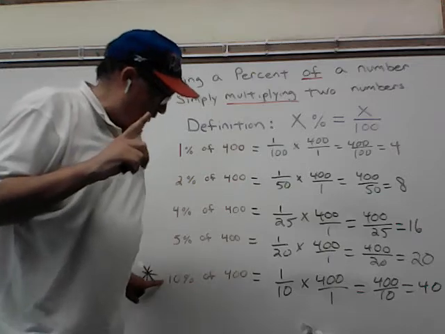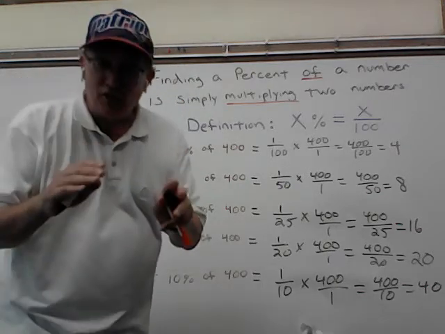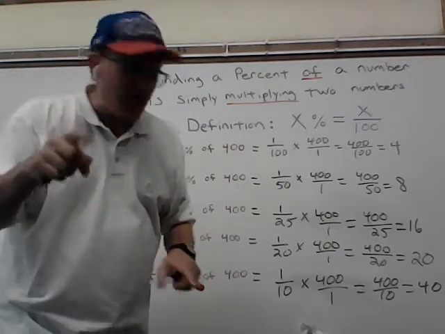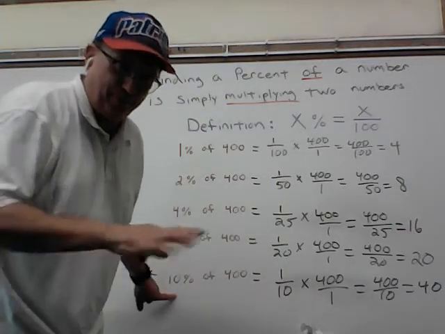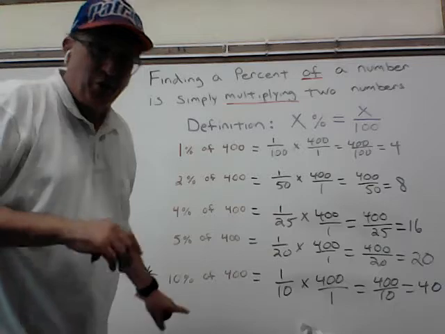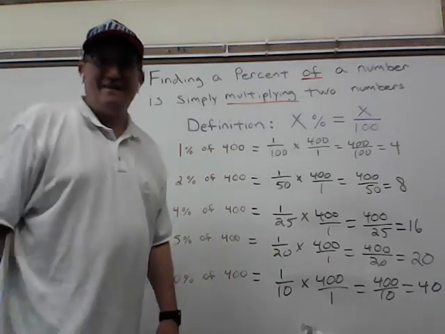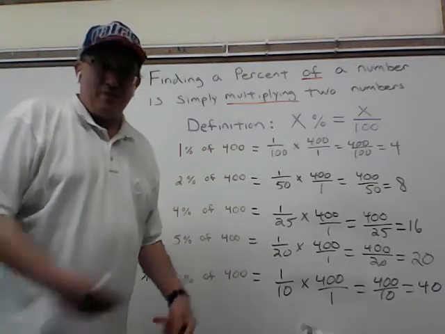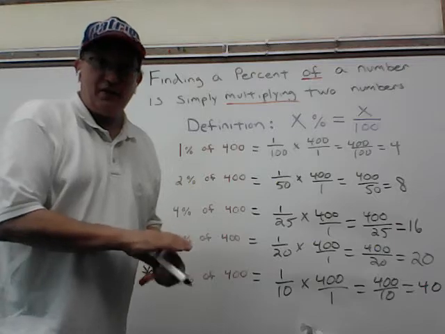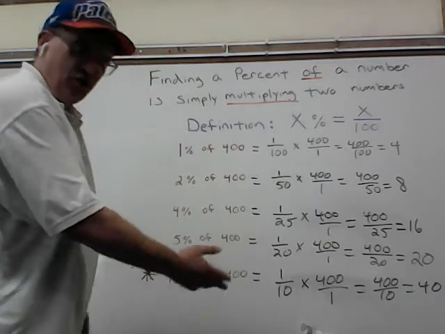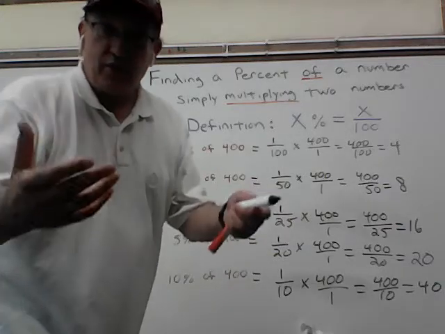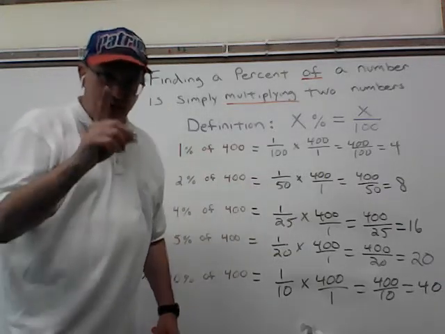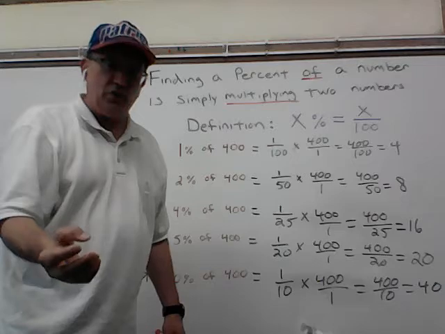This one's dangerous because, in general, we do not divide the number over here by this percent number. You only do that with 10%. I'm hoping to make that clear through these examples. And we're going to go further with percents that are greater than 10% and emphasize the same thing. Please understand, these are multiplications.